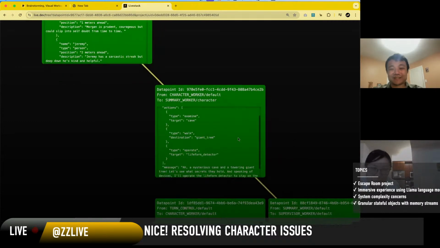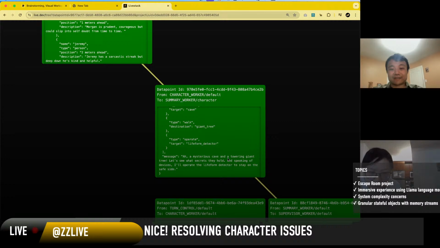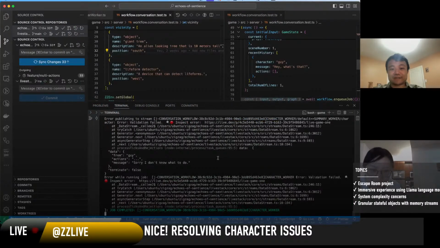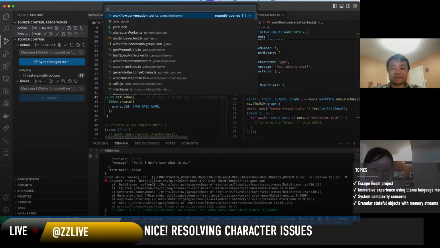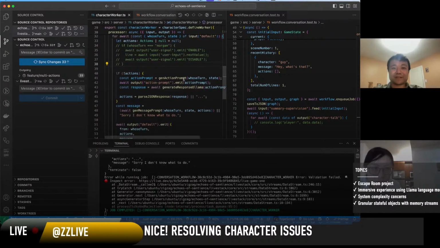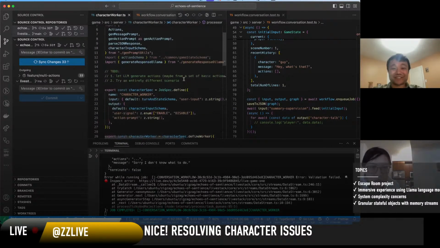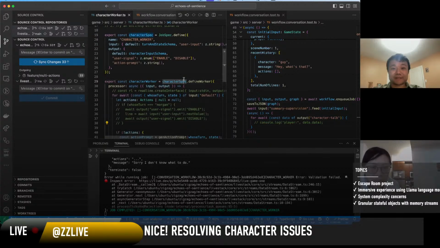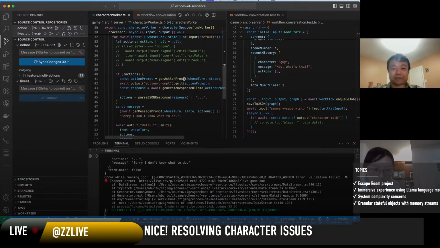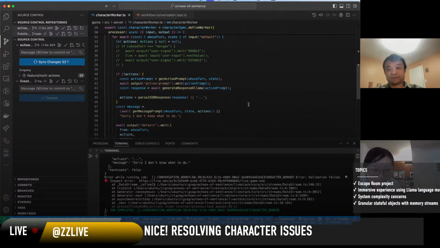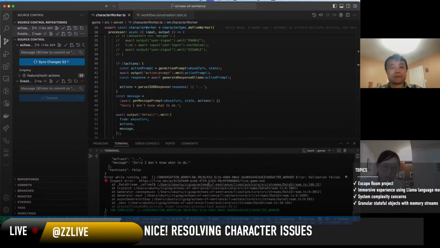By the way, can you quickly go back to the code? I thought we added something about intent in the few shot. Did we save it? No, probably not. Where are the character actual prompts? Wait, hold on. Is this the latest version? I don't know. Did I not push?